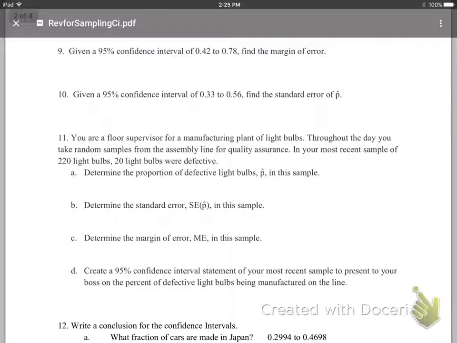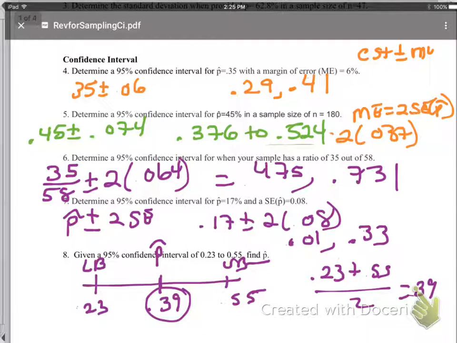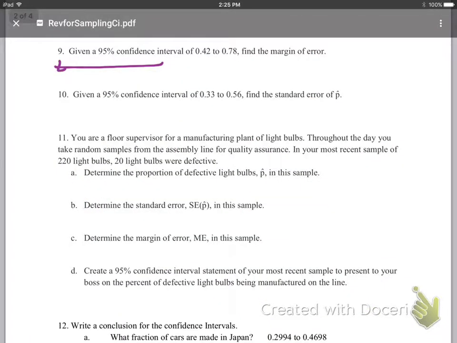Okay, so for number 9, I need to find the margin of error. So again, remember that I have a lower bound, and I have an upper bound, and I have a p hat. And the distance between the two is my margin of error. So I have to find my p hat first.